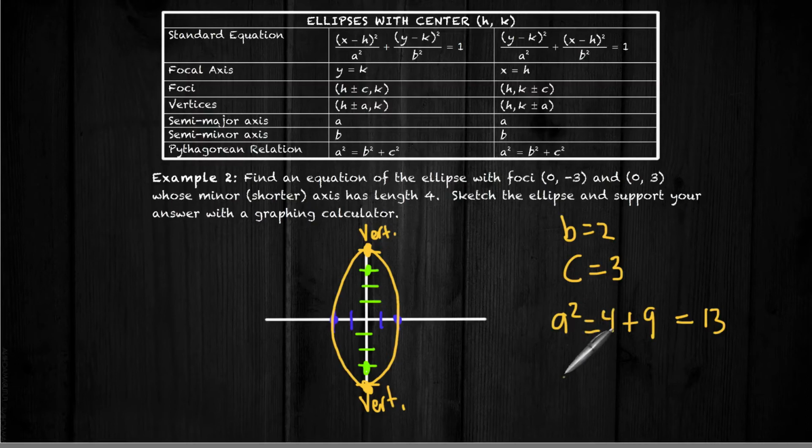And so now we are going to put that underneath the y variable because this is longer in the y direction than it is in the x direction. So we will say y squared over 13 plus x squared over b squared, which is 4, equals 1. And that is our equation of the ellipse.